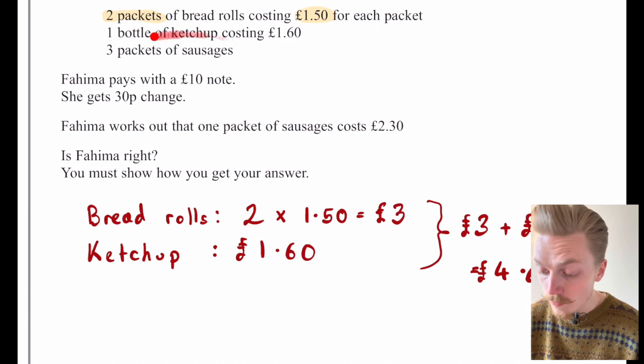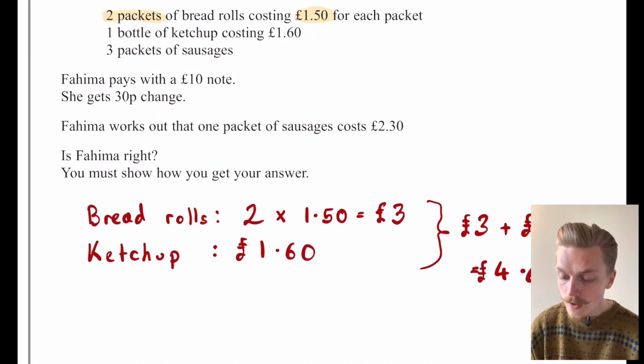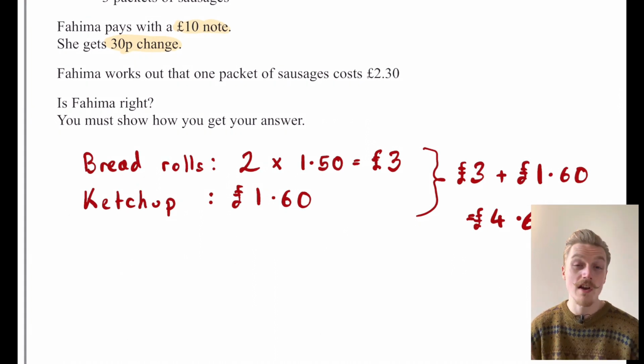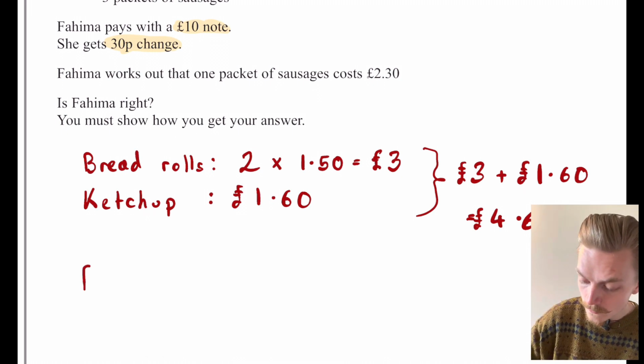So finally, we've got the 3 packets of sausages. We don't know how much they cost. She's paid with a £10 note. So she's paid with £10 and she's got 30p change. So I want to work out how much has she actually spent there, because she hasn't spent the whole £10. She's got 30p as change.